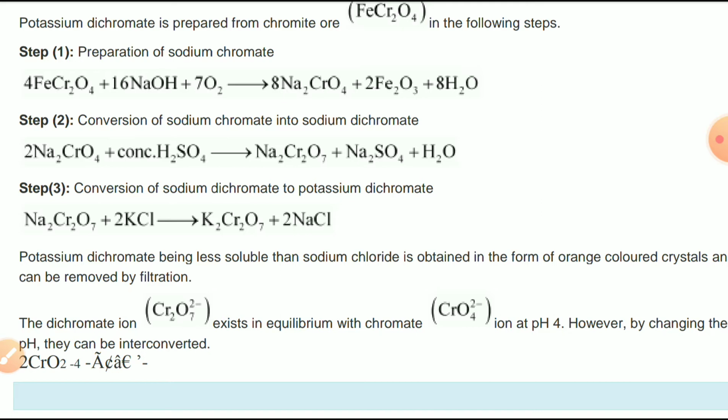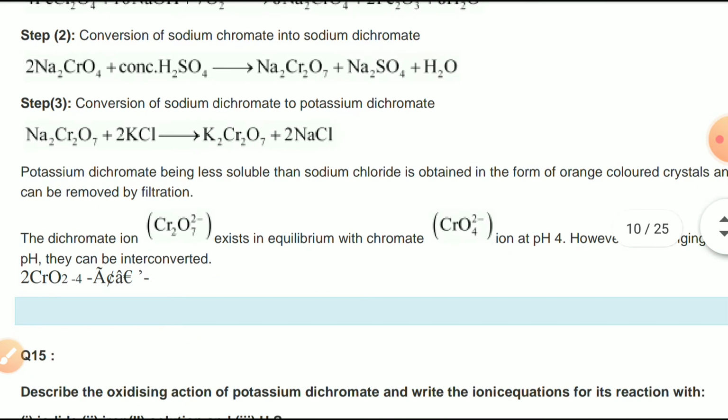Then step number 2, 2 Na2CrO4 plus conc. H2SO4 is giving Na2Cr2O7 plus Na2SO4 plus H2O. Na2Cr2O7 plus 2KCl is giving K2Cr2O7 plus 2 NaCl.